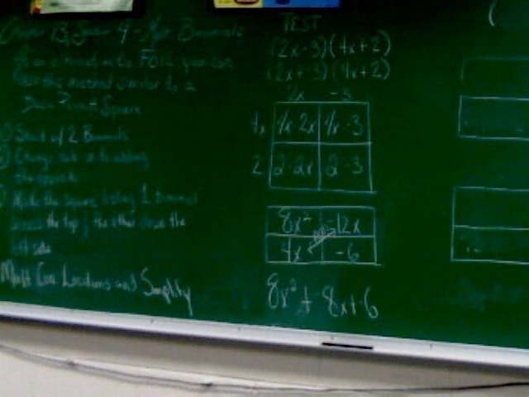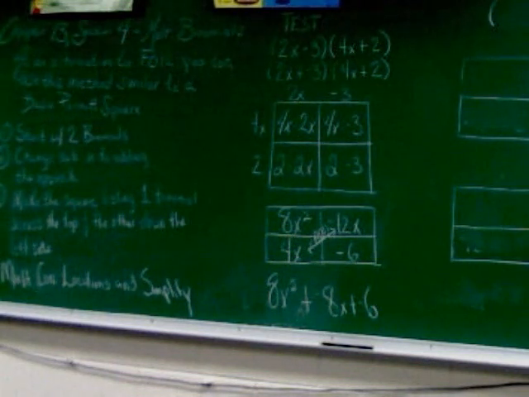And it doesn't matter which one you put where. It doesn't matter which one you put across the top and which one goes down the left. And then step 4, you'll multiply corresponding locations and simplify.